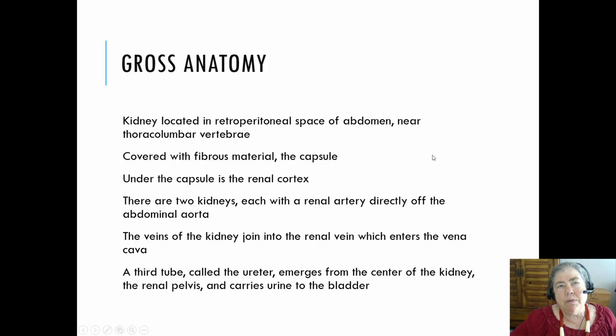The kidney is retroperitoneal, so it is not within the abdominal cavity with our other abdominal organs. It is behind the peritoneum, in the abdomen, or behind the abdomen, quite near the vertebra where the thoracic vertebra join the lumbar vertebra, which we call the costovertebral angle, because costo is rib, right?